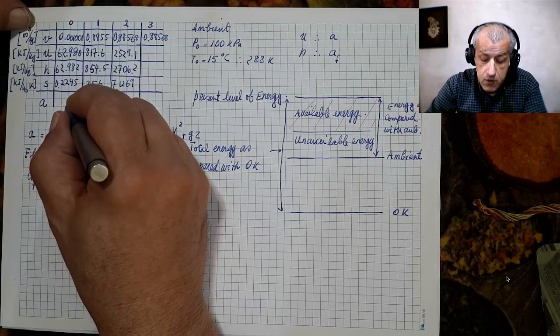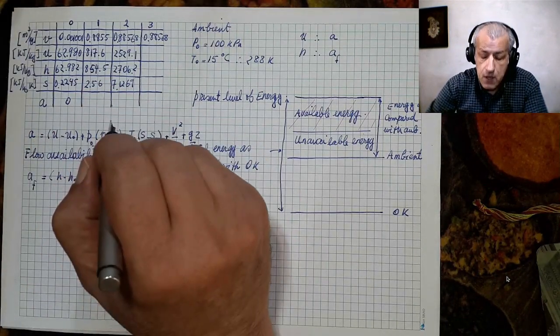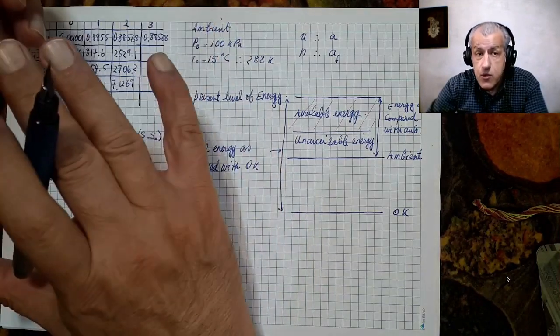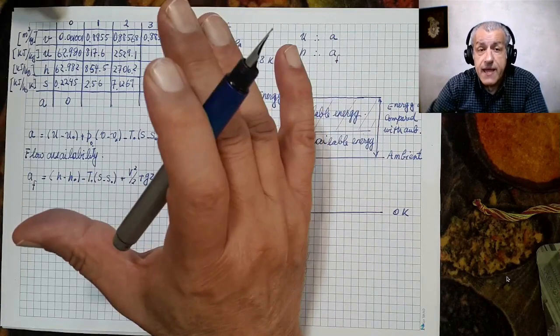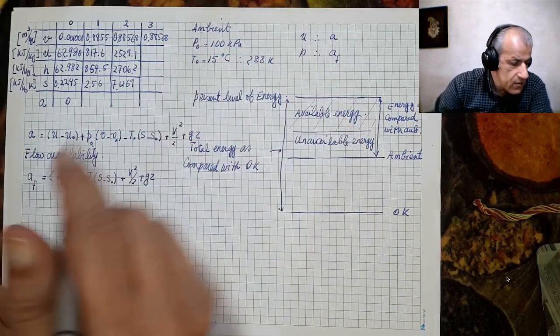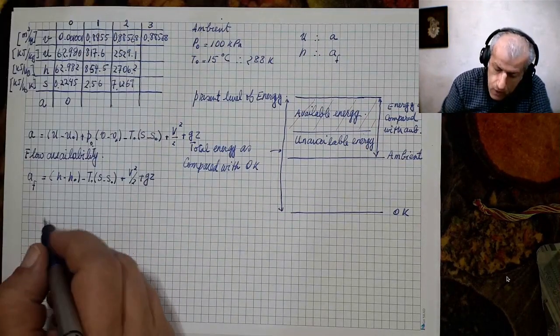That is zero, because that is the dead state. It is where there is no availability and your material is at rest with its surrounding. Now, let's calculate availability for point 1, A1.